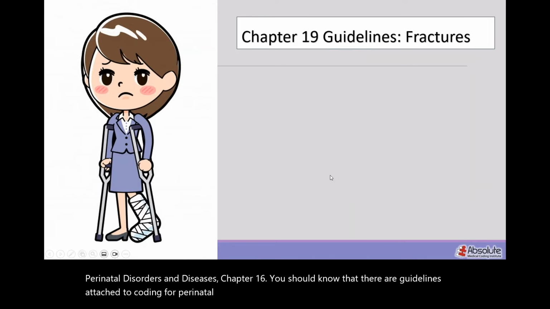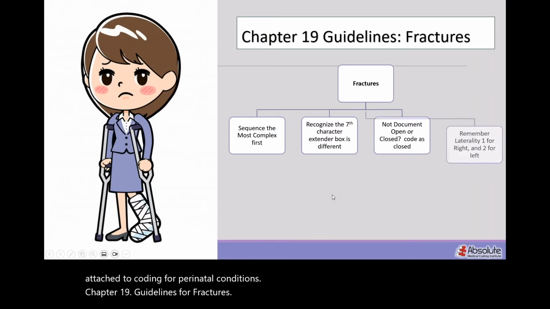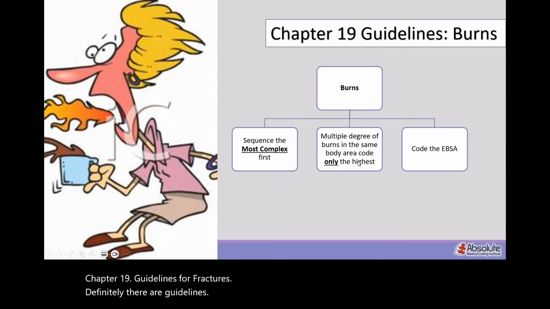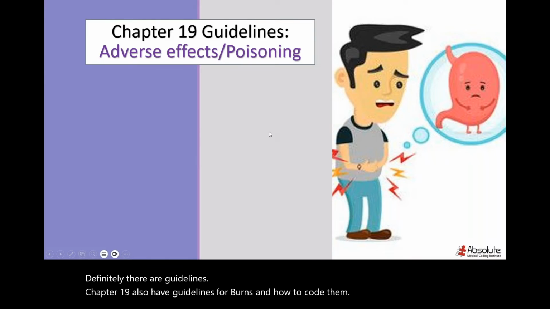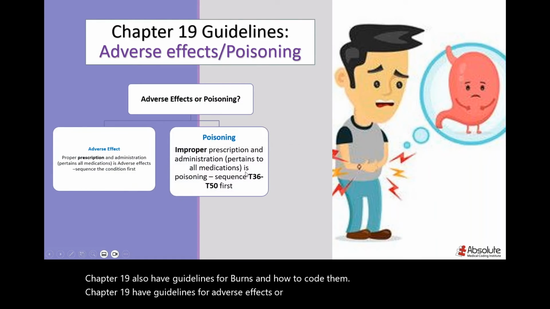Chapter 19, guidelines for fractures. Definitely, there are guidelines. Chapter 19 also has guidelines for burns and how to code them. Chapter 19 has guidelines for adverse effects or poisonings. I was just talking about some of the guidelines.